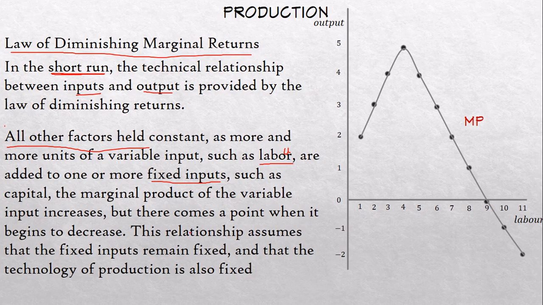Okay, so in this case, we are assuming that labor is the variable input. So this relationship assumes that the fixed input remains fixed and that the technology of production is also fixed.